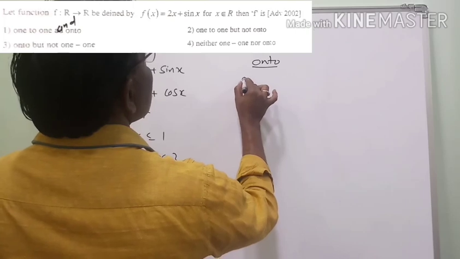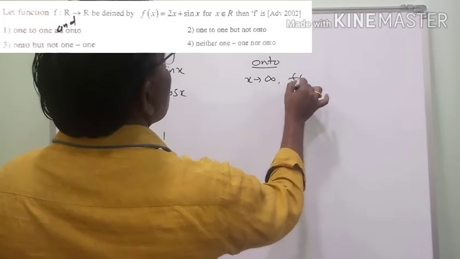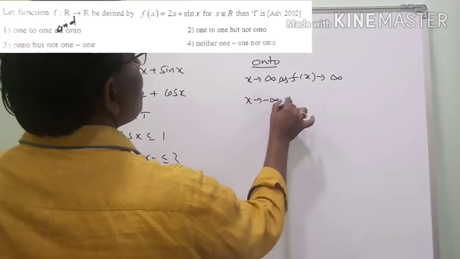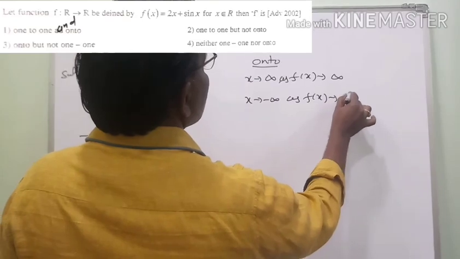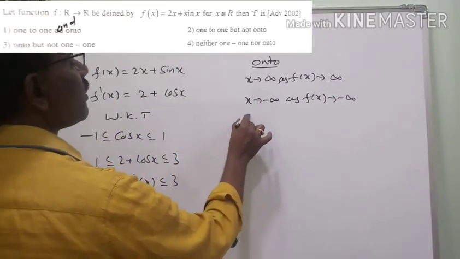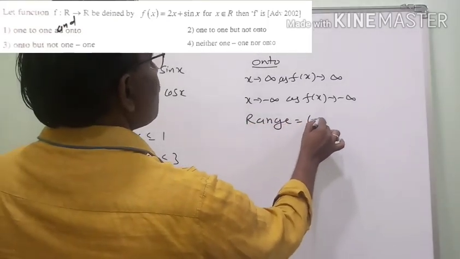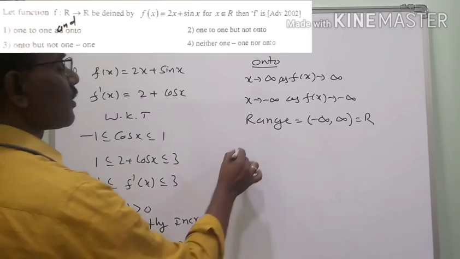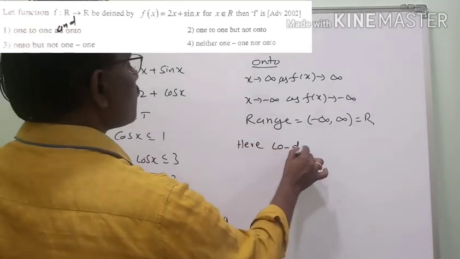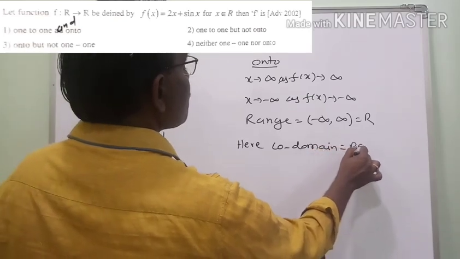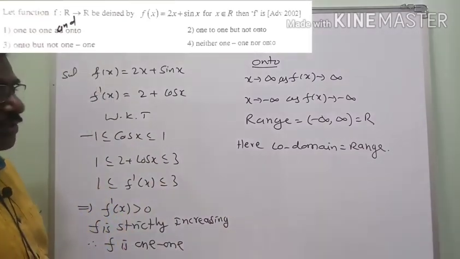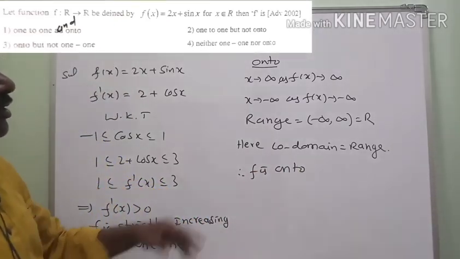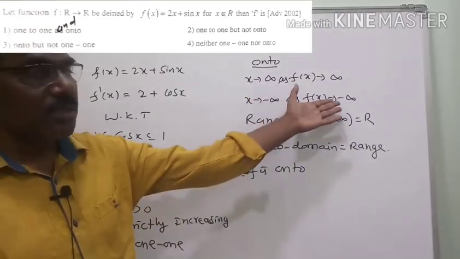Onto means as x tends to infinity, f of x tends to infinity, and as x tends to minus infinity, f of x tends to minus infinity. So the range is minus infinity to plus infinity, that is R. Here codomain equals range. Therefore, f is onto.